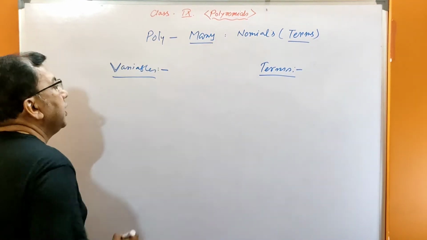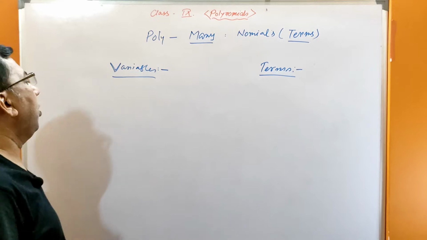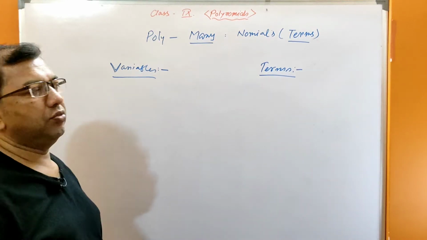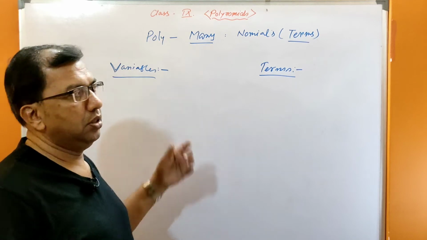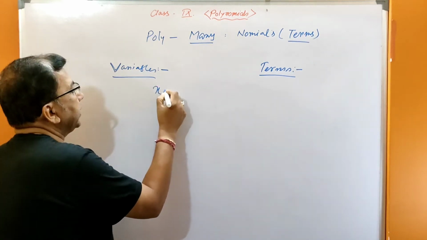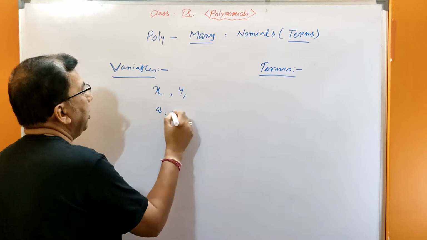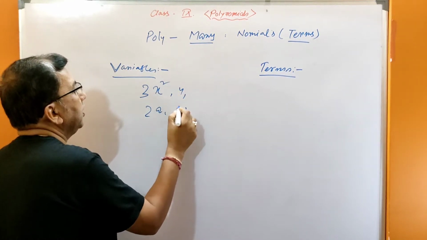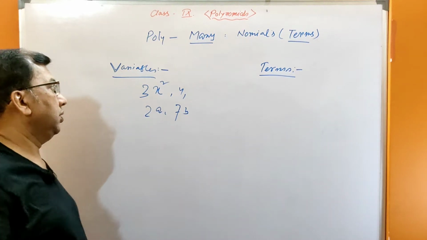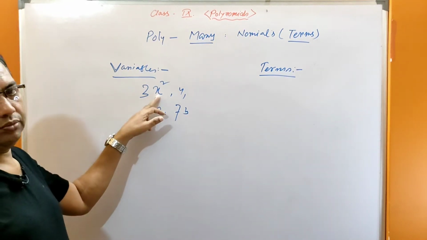Variables क्या है? Any term consisting of any alphabets or letters. Suppose x, y, a, b, 2a, 3x square, 7b, all these are variables.